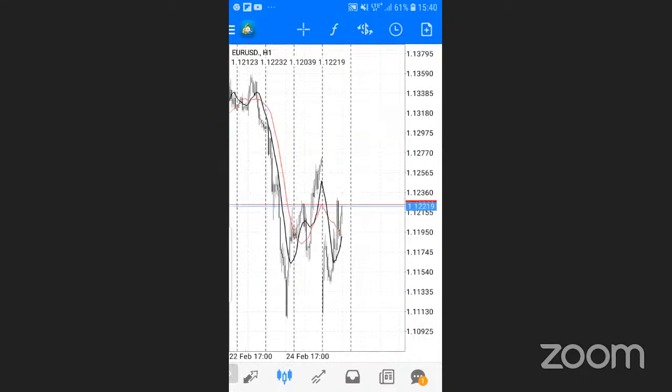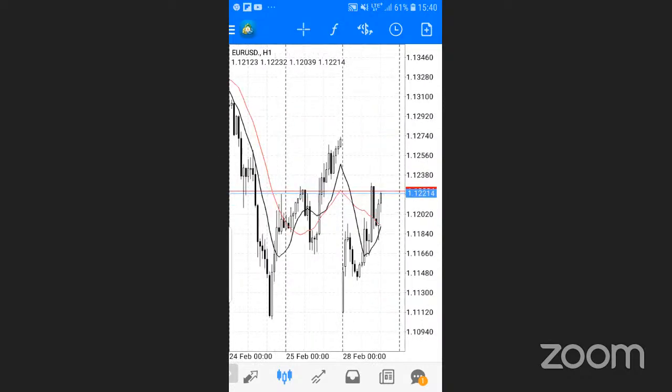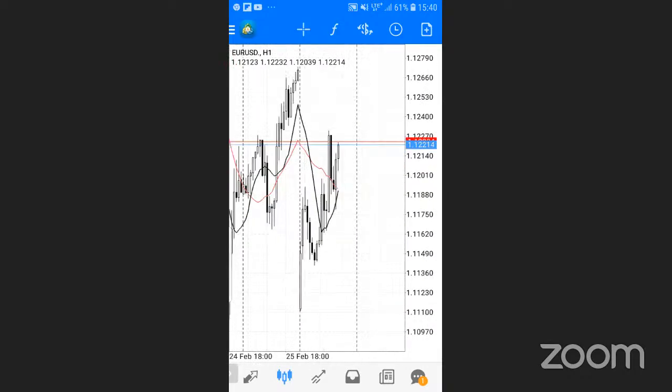This shows that the smaller period is always crossing faster than the longer period moving average. What we mean by period: you can have period 5, 10, 20, 30, 50, 200, 800. Any period you decide to use is also determined by your type of trading, be it a scalper.